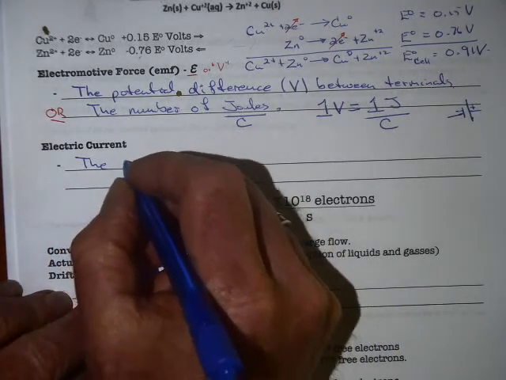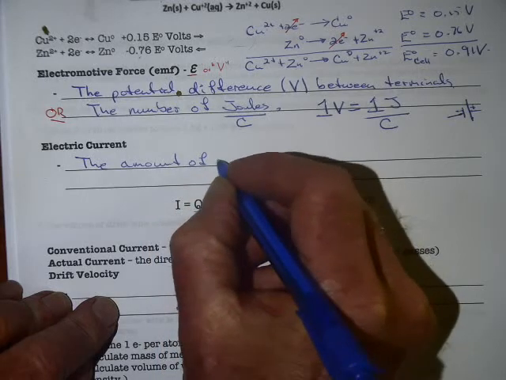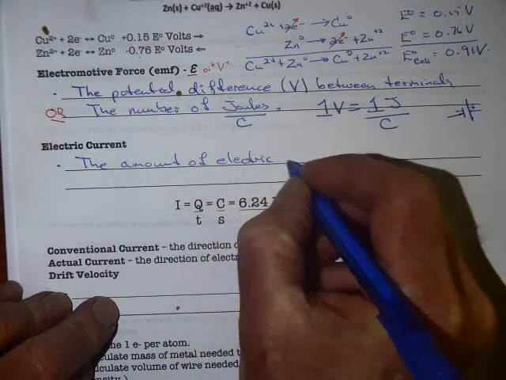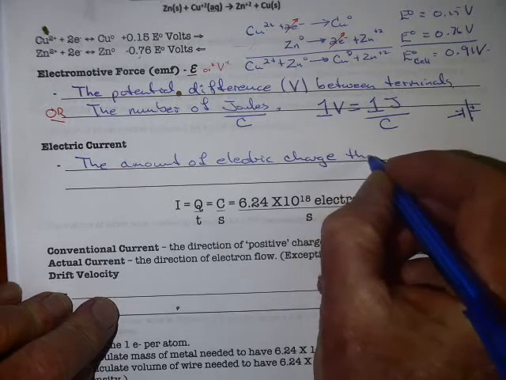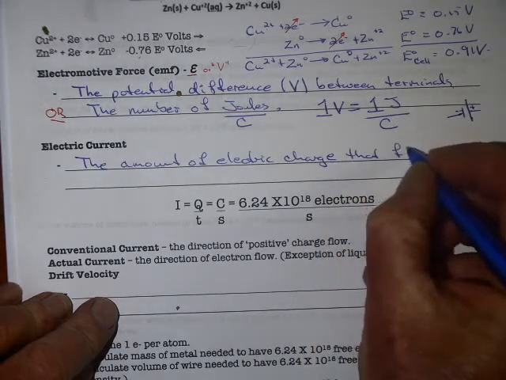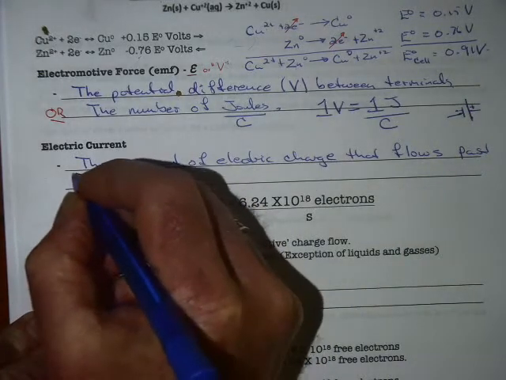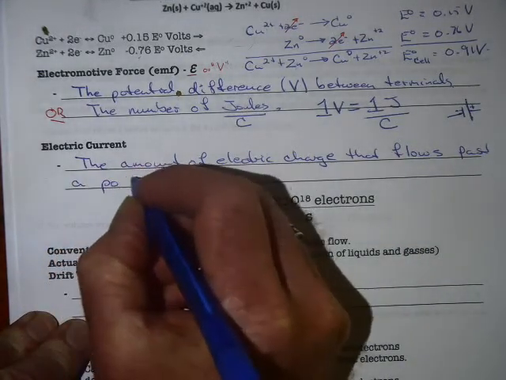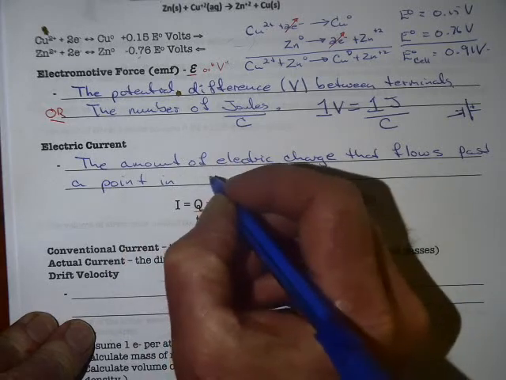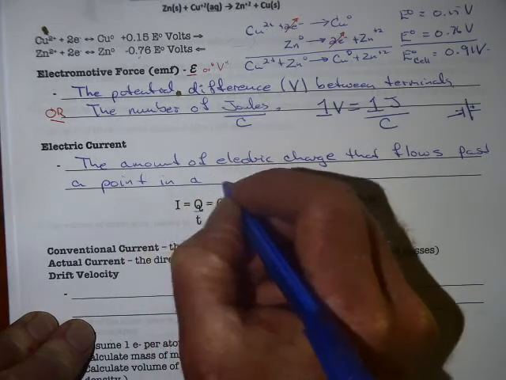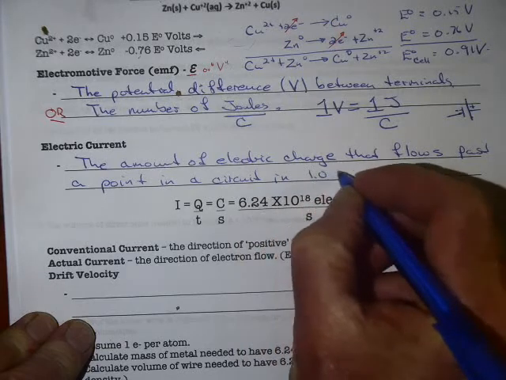Okay, so the amount of electric charge that flows past a point in a circuit in 1.0 seconds.